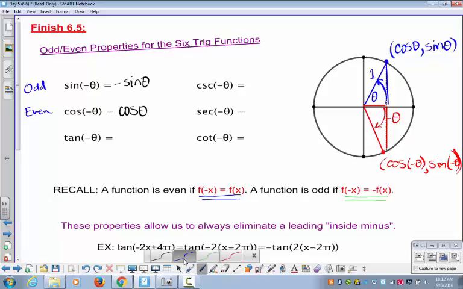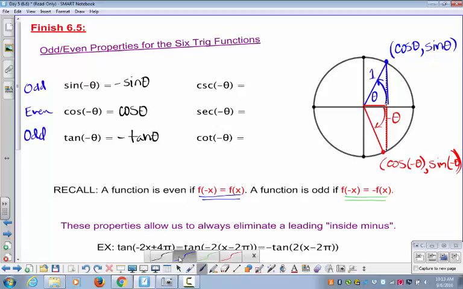Now, tangent of minus theta is sine of minus theta divided by cosine of minus theta. In other words, it's minus sine of theta divided by cosine of theta, which is minus tangent of theta. So that makes it odd.